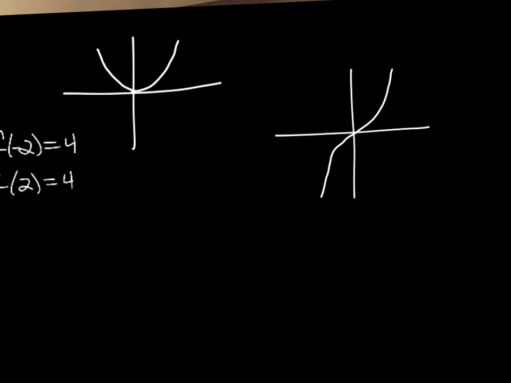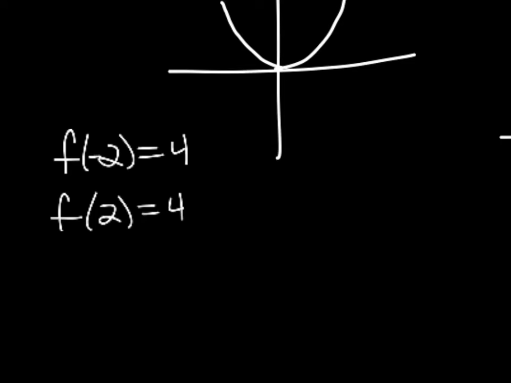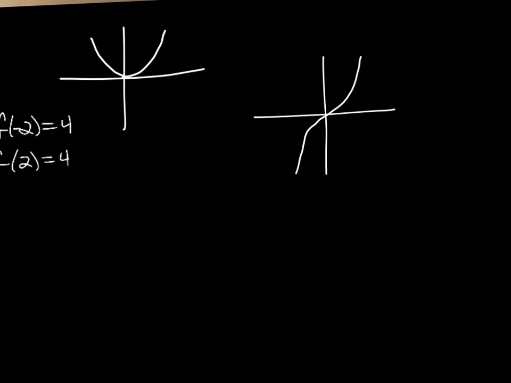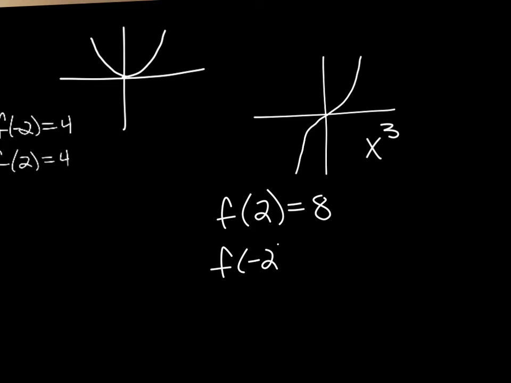The other thing, similarly to what we were doing here, is that if we evaluate x cubed at, let's say, 2, we get 8. But if we evaluate it at negative 2, we get negative 8.